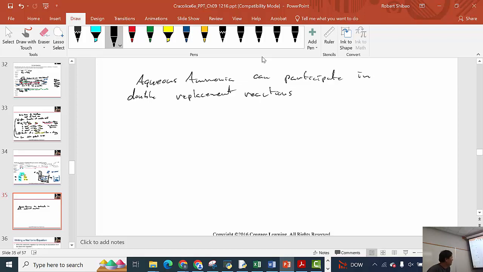The way it participates is because NH3(aq) is equal to NH3 in water.